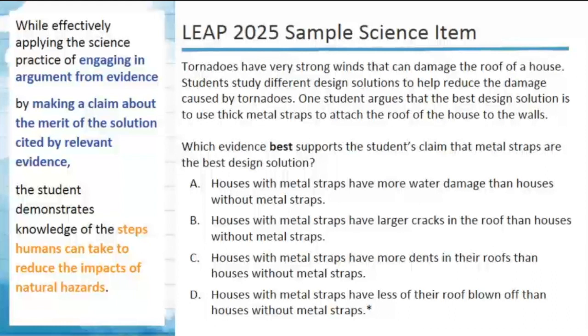Now, I will tell you this: we've color-coded our items in our assessment guides, and the blue corresponds to a SEP, the orange corresponds to a DCI, and the green corresponds to a cross-cutting concept. So if you look, this is still asking about weather and what humans can do about the weather, but it's not just a simple regurgitation. The kids are going to have to think about it and say, yes, it's the best design, or no, and they have to have some reasoning involved.